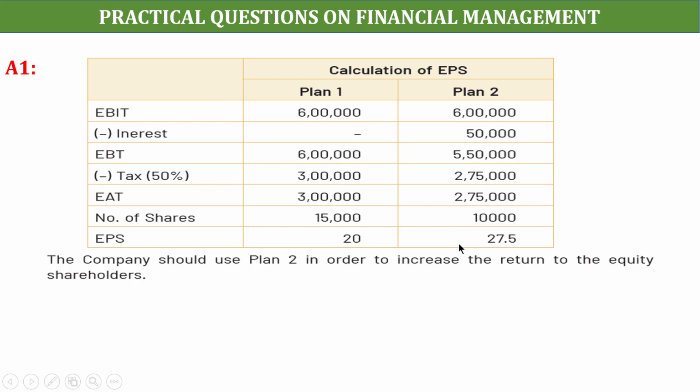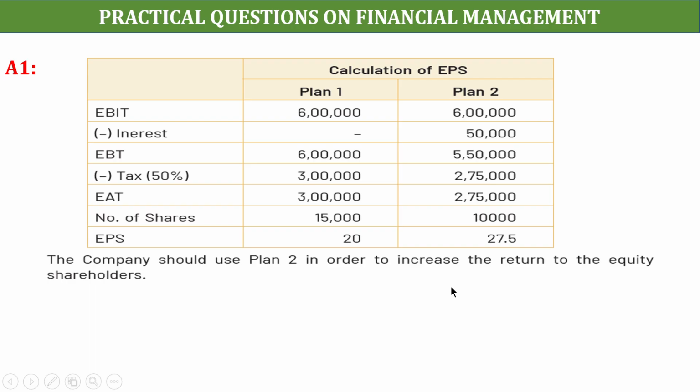So this way earning per share in alternative 2 is rupees 27.50. So we can understand that where the additional funds were raised by issuing equity shares, earning per share was rupees 20, and where the funds have been raised by issuing debentures, earning per share is rupees 27.50. This way we can see that alternative 2 is the best option to raise additional funds.